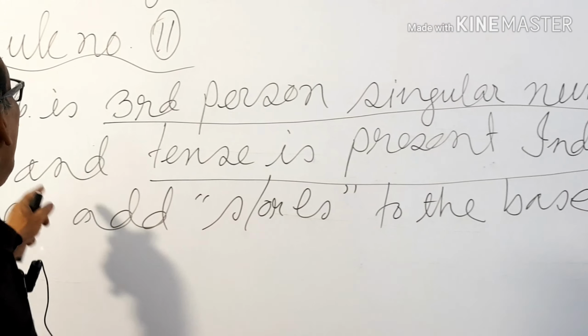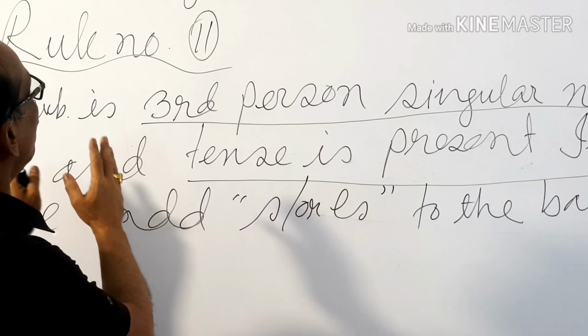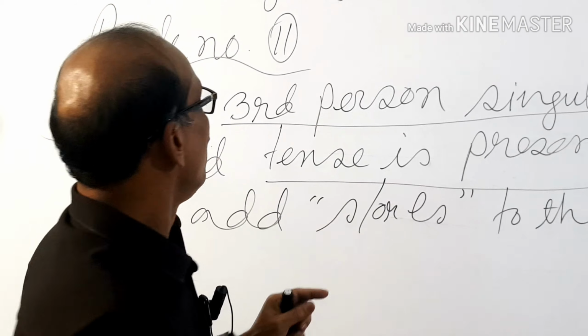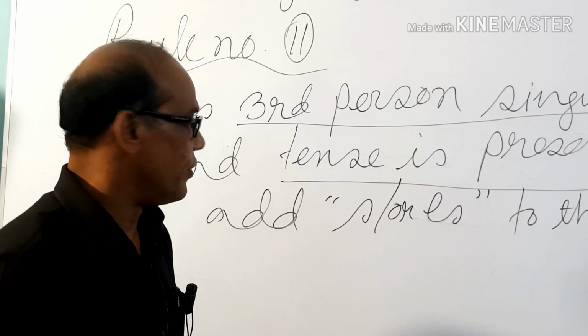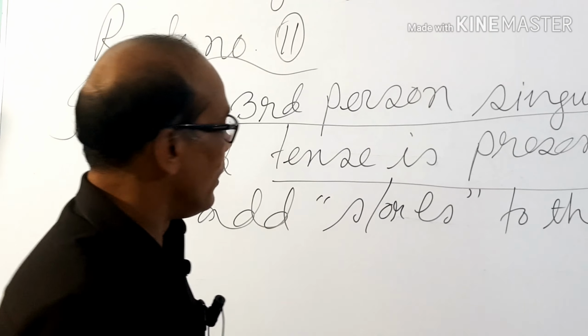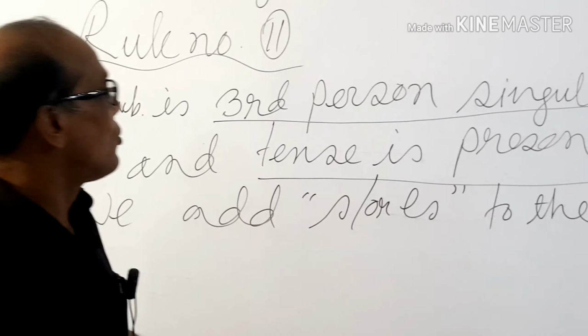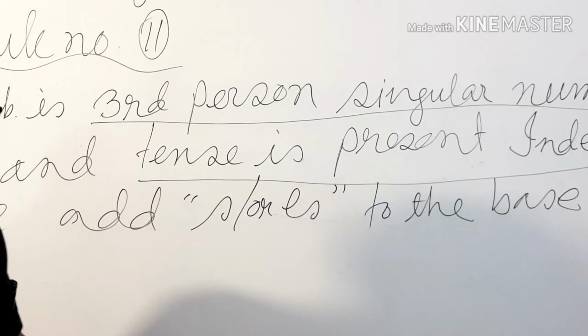This is the rule. If the subject is a third person singular number and tense is present indefinite, we add s or es to the base verb.